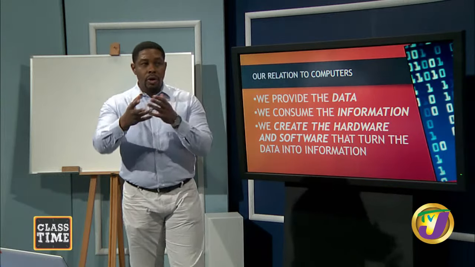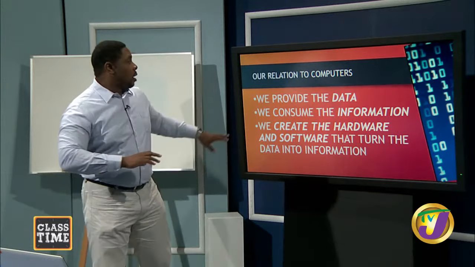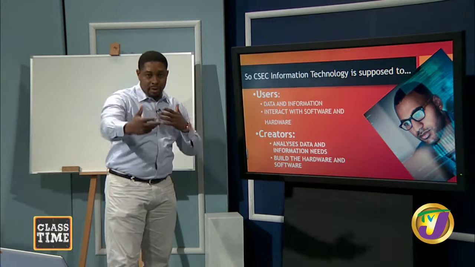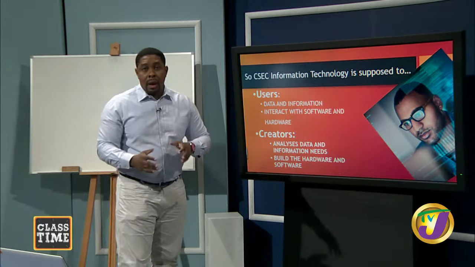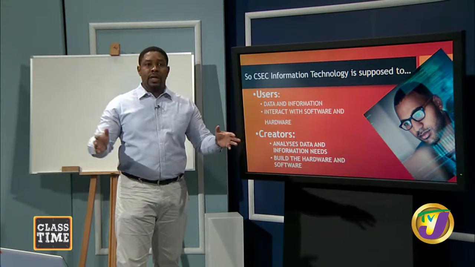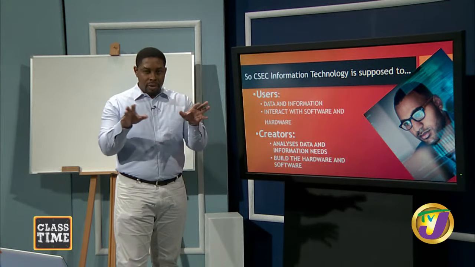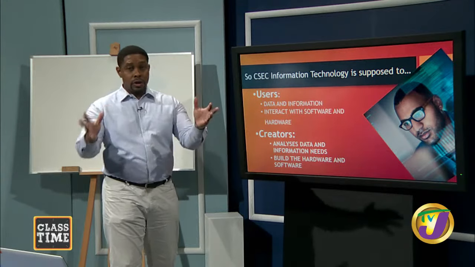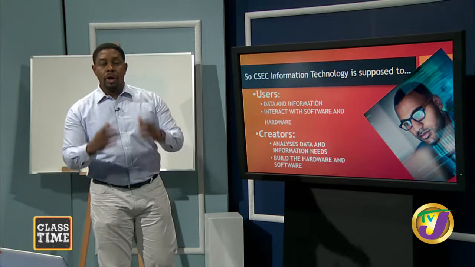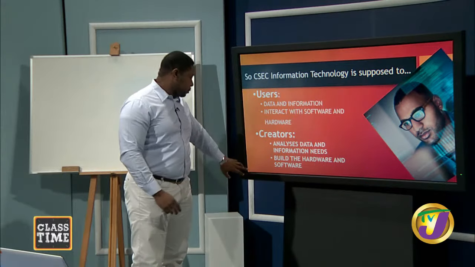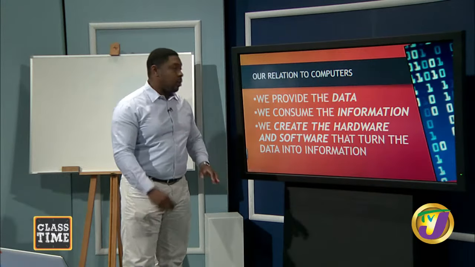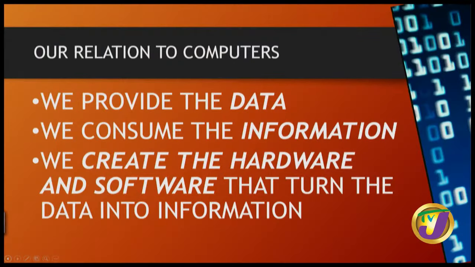So the idea with your computers is that what? We provide data. Data is being provided. And data, by definition, or by our definition in IT, is unprocessed facts. All right? Numbers, words, with no structure whatsoever or no meaning. And then we have what is called information, or we consume information. All right?